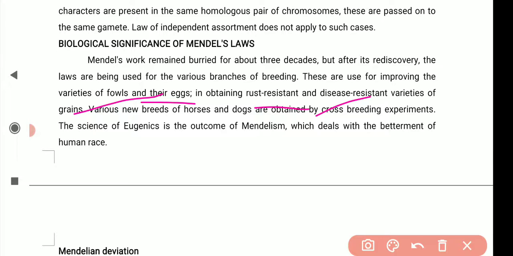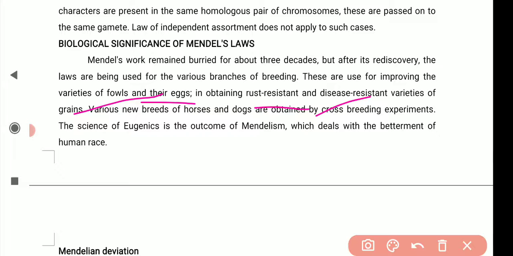It also helps us to breed dogs and horses, so that we get a better population of animals that we want, of food crops that we want, and food animals that we want.